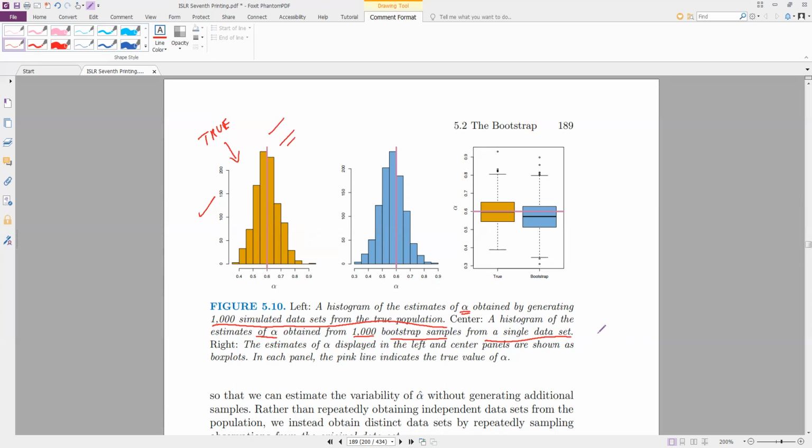So remember I was talking about on the previous page, what did I say the first choice was? Well, the first choice, the ideal choice, would be to know all the theoretical assumptions and know your theoretical population and to do it that way. The second choice is this one, because that's exactly what they're doing right here, 1,000 simulated data sets from the true population.